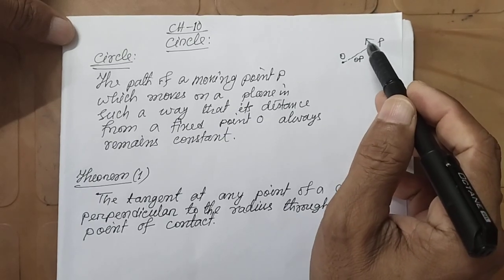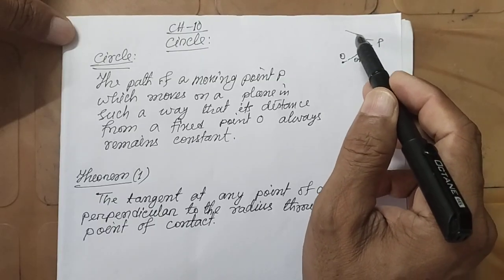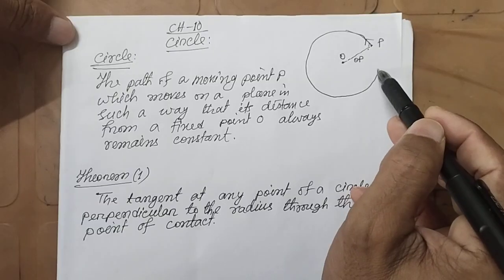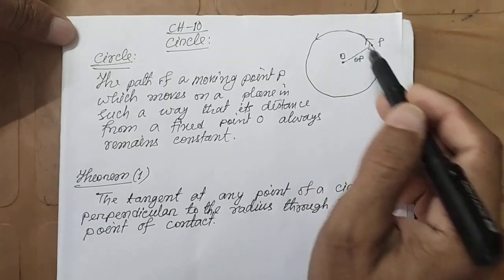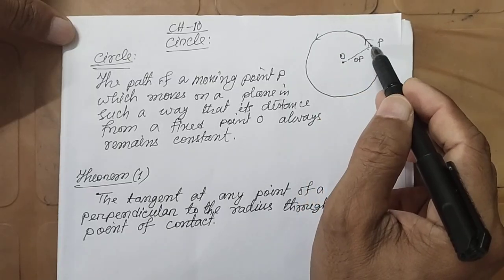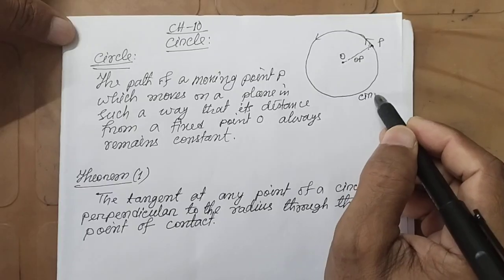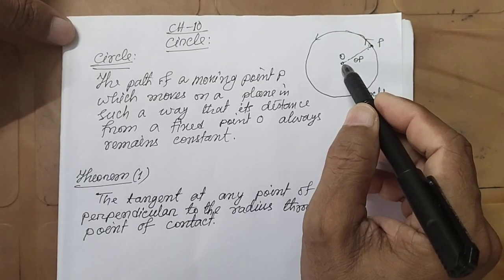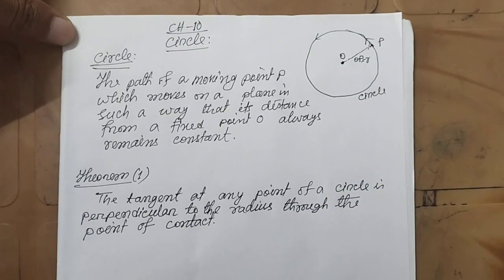If the point P is moving on a plane in such a way that the distance OP always remains the same, then this path, also called locus, the path of the moving point P, is called a circle, and the fixed point O is called the center of the circle, and the fixed distance OP is called the radius of the circle.